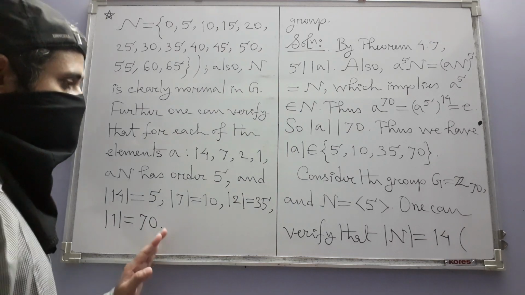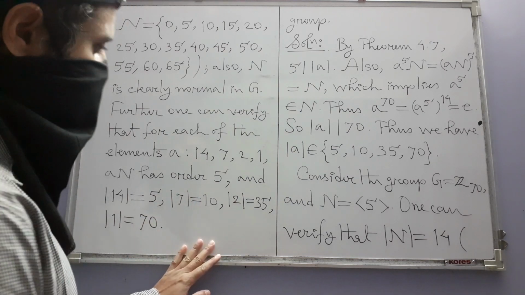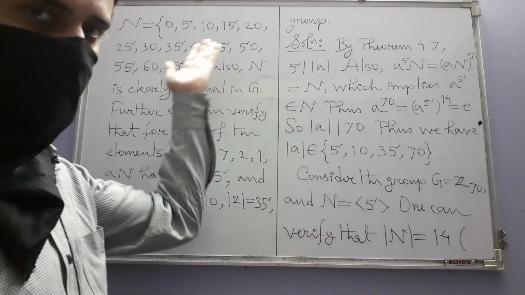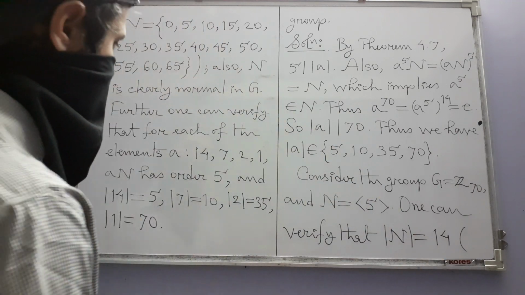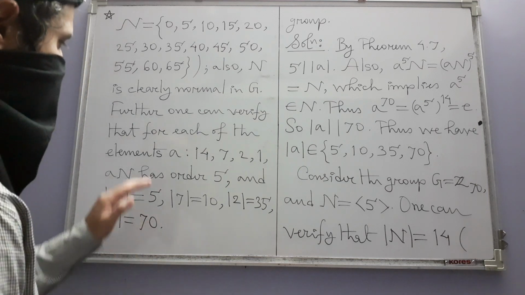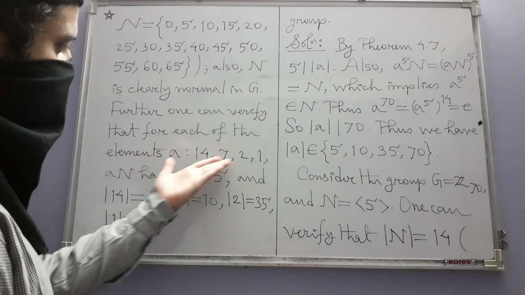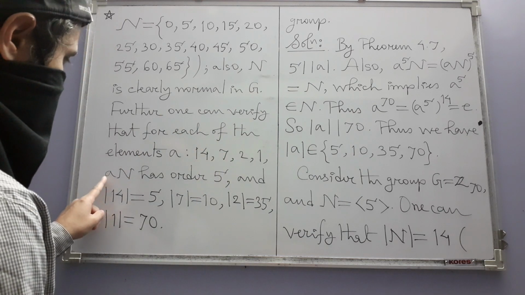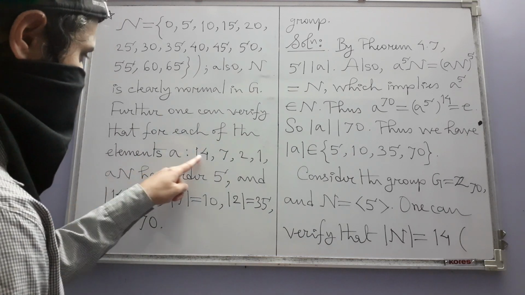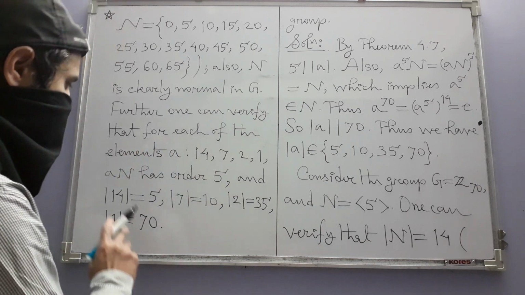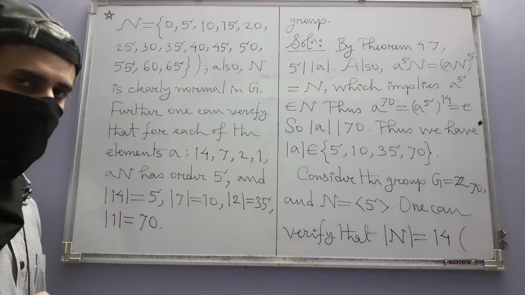Okay, now one more thing. Seeing that n is normal and its order is 14, we can see that here itself. There is nothing else to do about that. But what about this part? Say you have these elements now. How will you verify that for each such A, An has order 5? By the way, what is An?